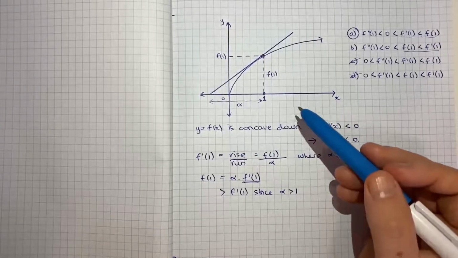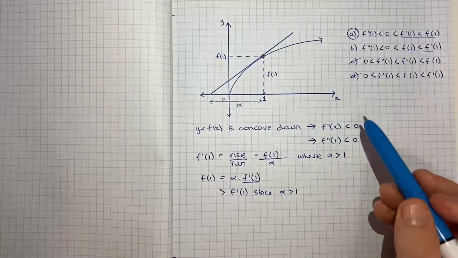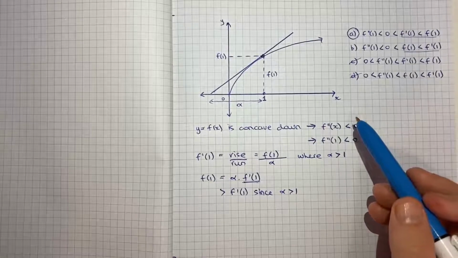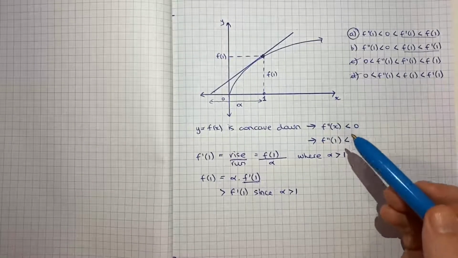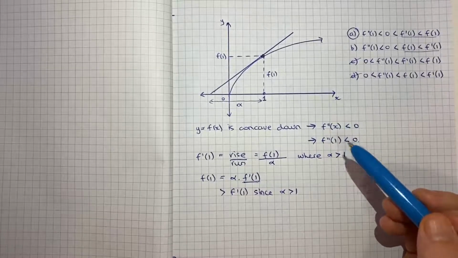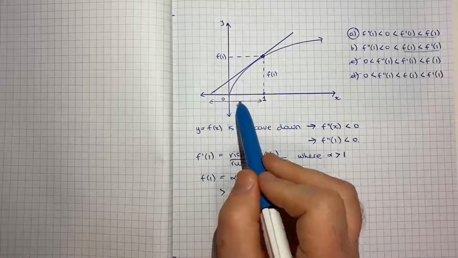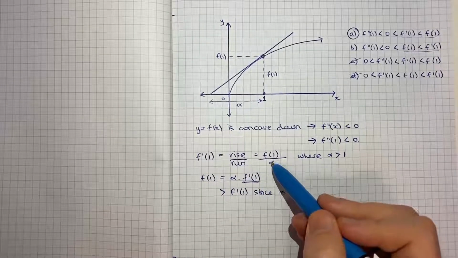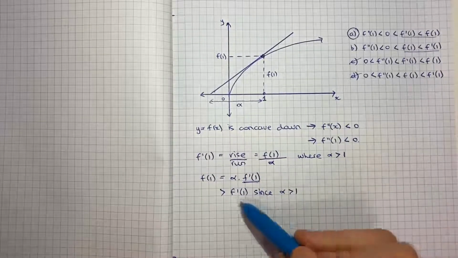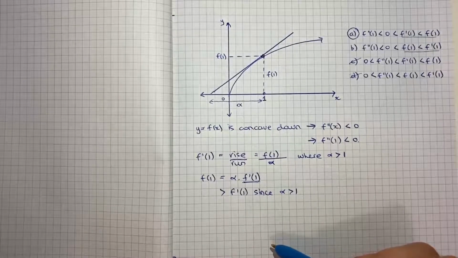If we'd been given what f(x) was, this would have become a very easy question. So the key really came down to just going, well, what can you work out with what you've been told? And the key really was this. We can work out that the rise over run will involve a number greater than 1, and that let us conclude what we needed to conclude.